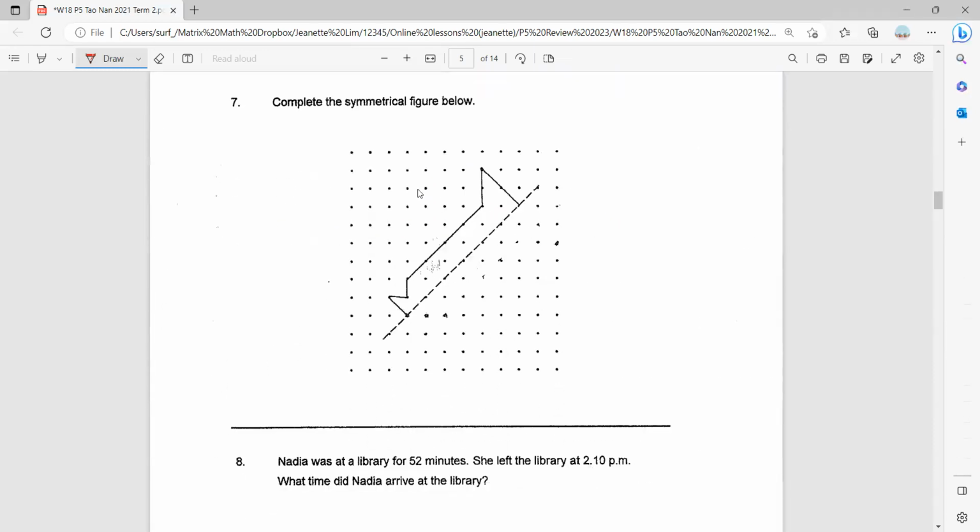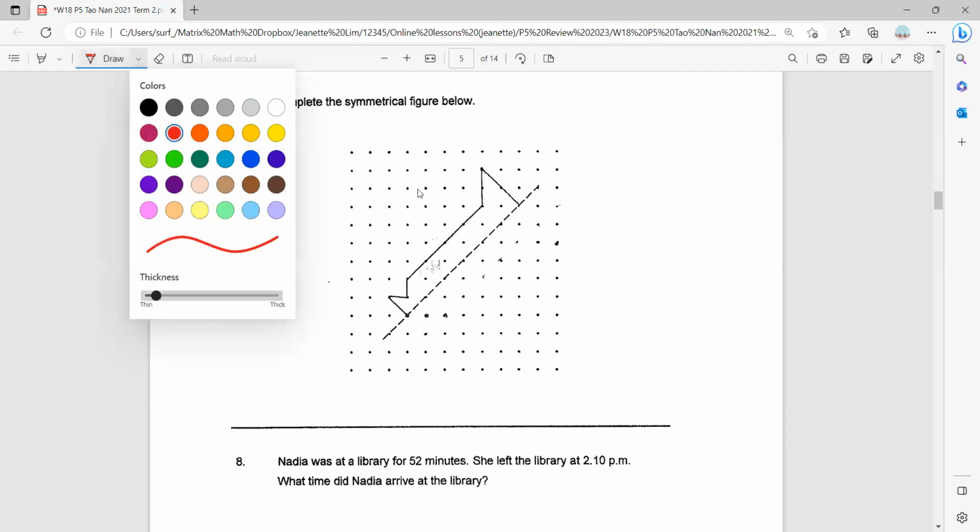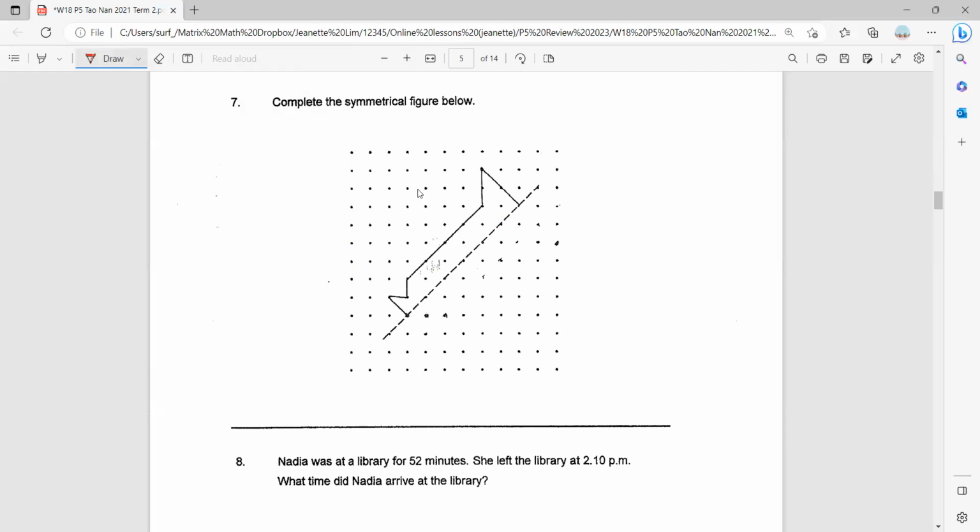Okay, symmetry. Complete the symmetrical figure below. So what you can do is you can actually find out all the points here, the turning points. So this is like a mirror line, right? Mirror line. So look for points that are equidistant, which means equal distance from the mirror line, the line of symmetry.